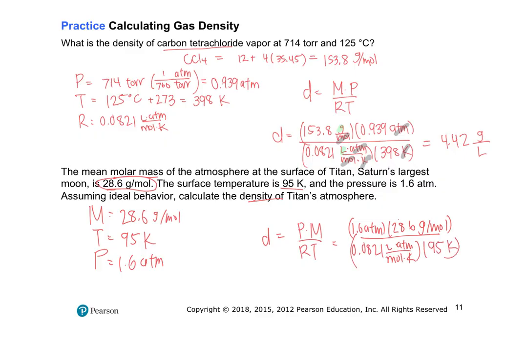All right, just like before, same kind of equation. We're going to have our atmosphere, mole, Kelvin, and we're left with grams per liter, so that's great. We plug that equation in, and we get the density of the surface of Titan is 5.9 grams per liter.